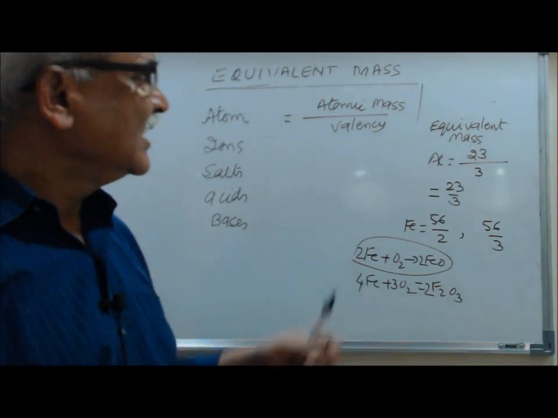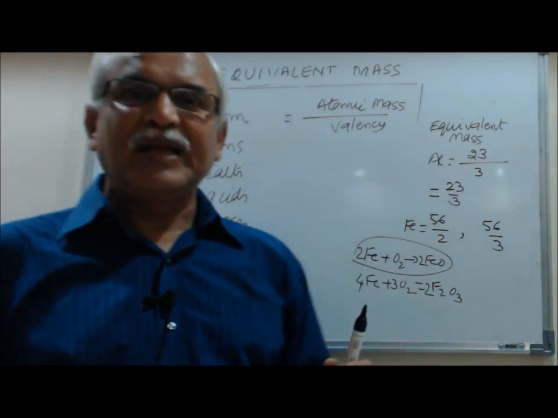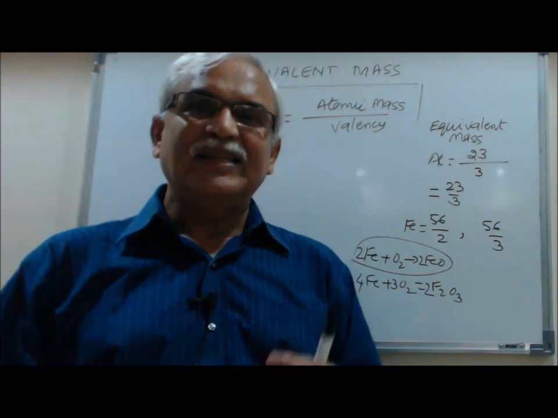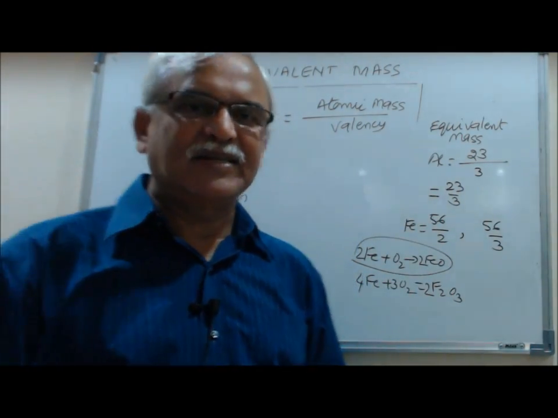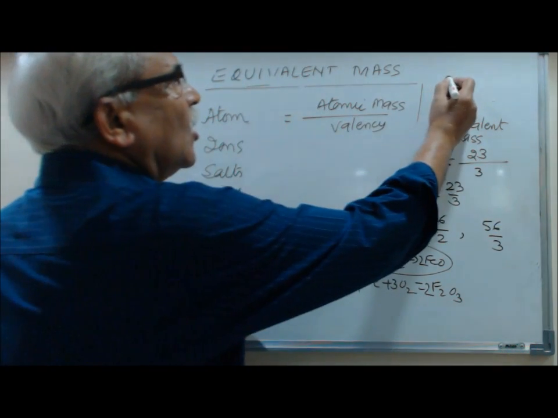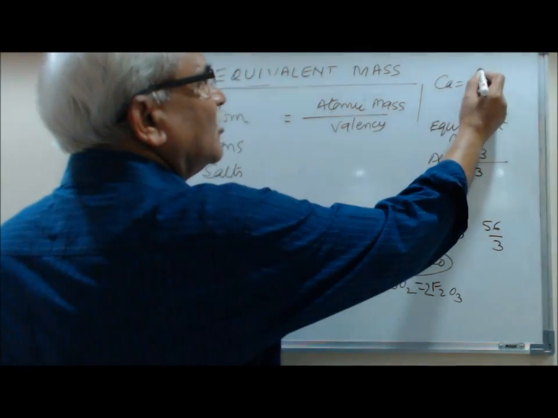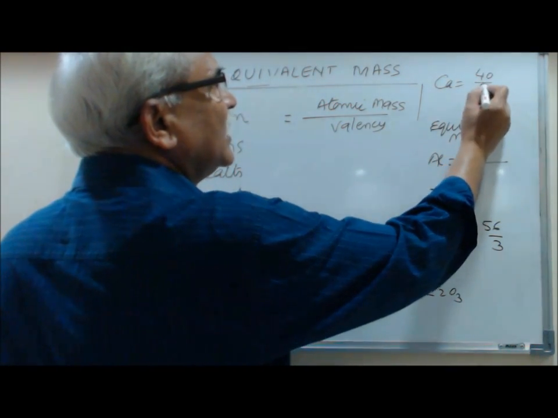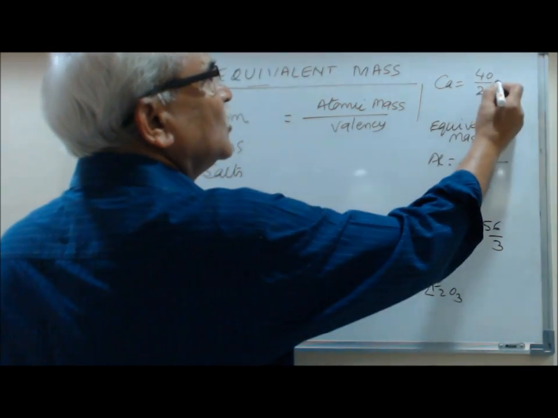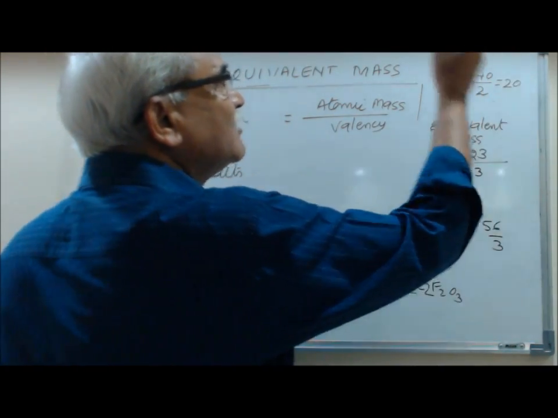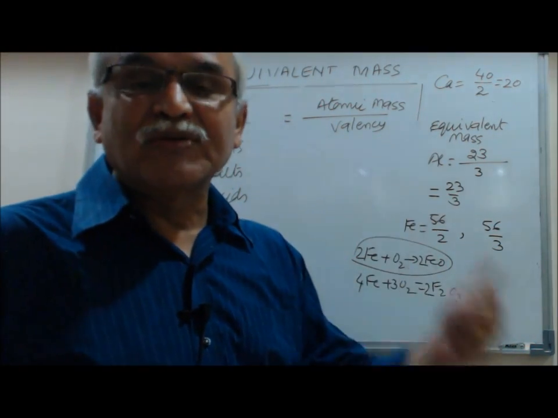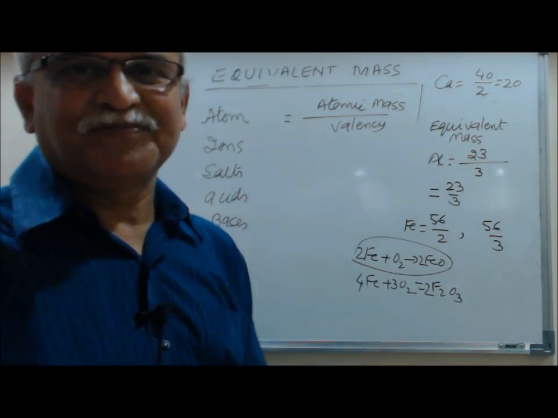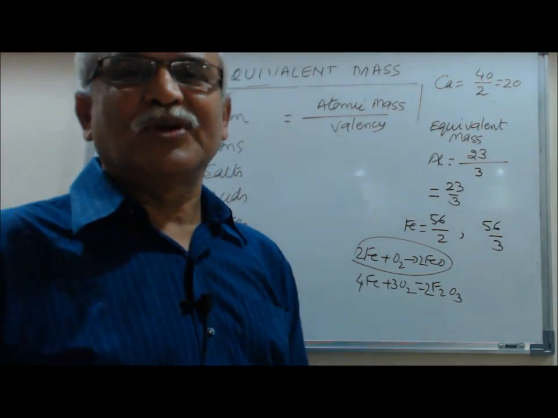Or also we can say the atoms which do not show any change in the valencies, their equivalent masses also remain same, atomic mass by the valency. Calcium will have always a constant equivalent mass, because calcium's atomic mass is 40, its valency always is 2, so equivalent mass of calcium always will be 20. Sodium always 23, potassium always 39. Am I clear? Magnesium always 12.